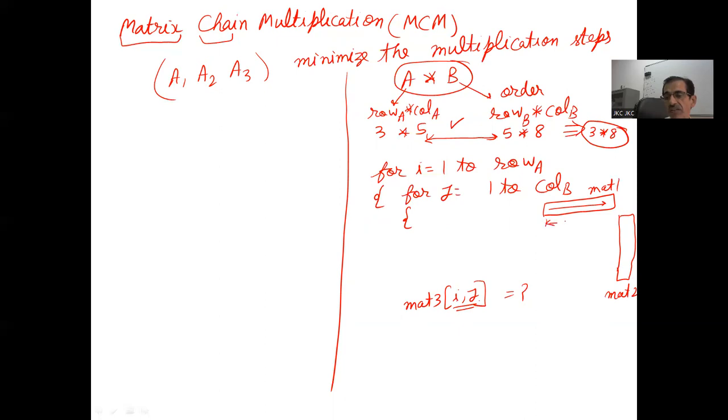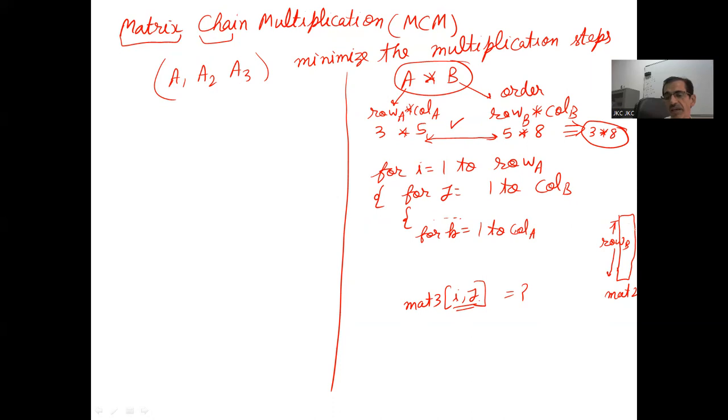These elements are equal to column A. Similarly, this is equal to row B. So effectively, I have some initialization here, and then a loop for k equal to 1 to column A or 1 to row B, whatever you say, one and the same thing. I'll remove this so that you can see the logic clearly.